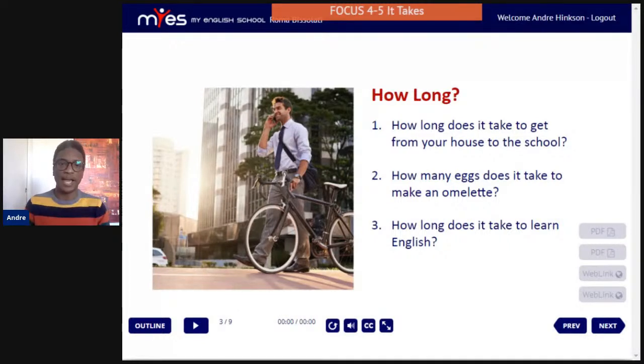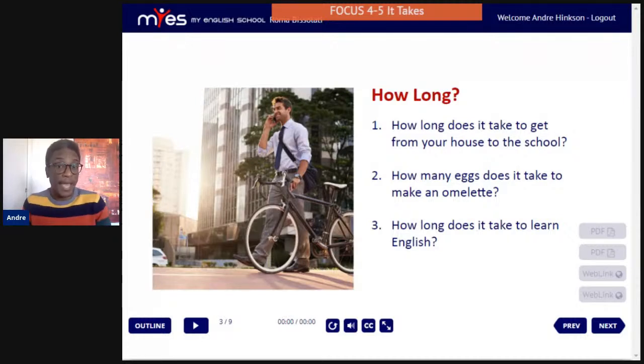Excellent. So here we have the questions. How long it takes and how many it takes. Yeah. So for example, as we said in question one, how long does it take to get from your house to the school is the period of time that you travel from your house to the school.